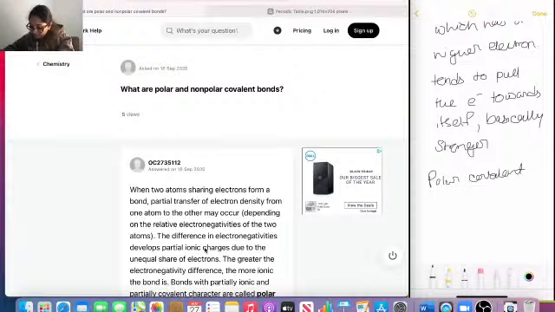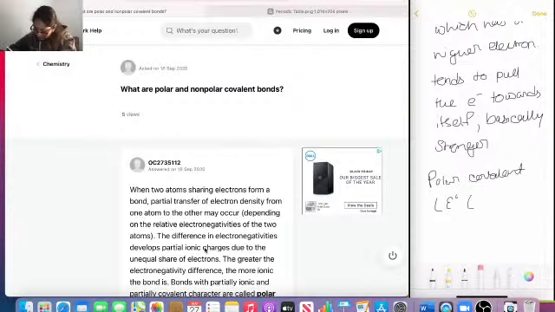So polar covalent is basically when you have an electronegativity difference of, I think, around 1.2 to 1.5.